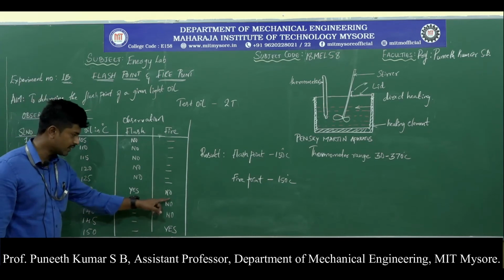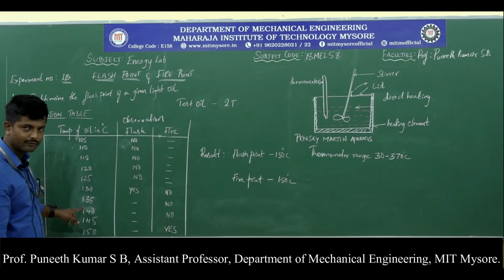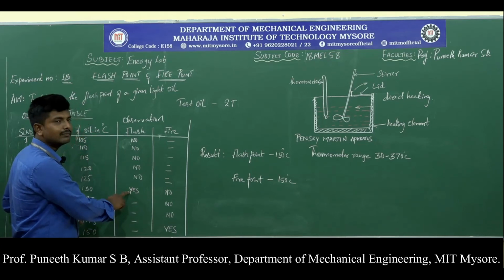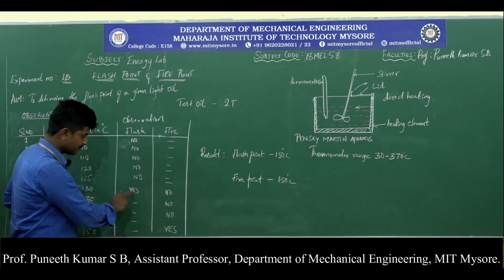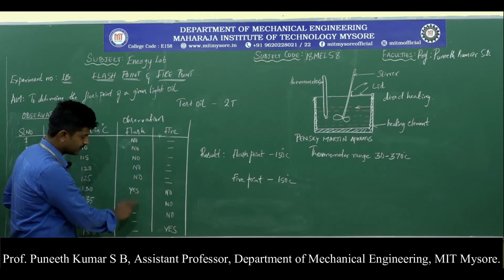There was no fire point. So flash is completed. Now we are just looking into the fire point. Obviously the flash will occur, but as per the flash point definition, only the minimum temperature should be registered. So this column will remain blank from here afterwards.